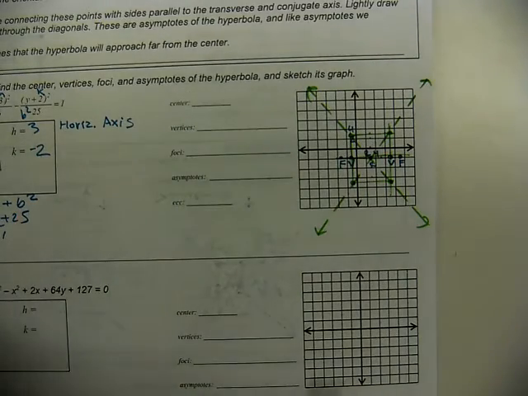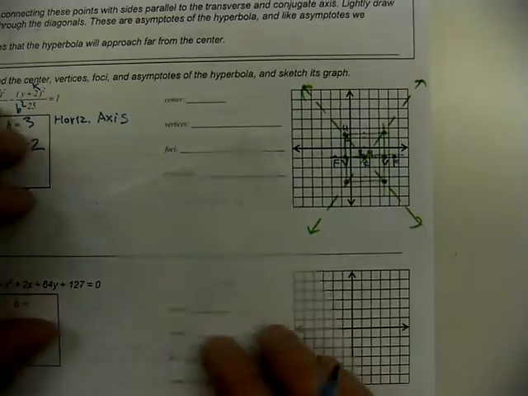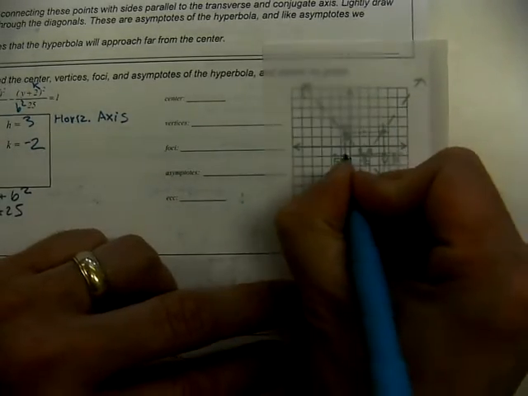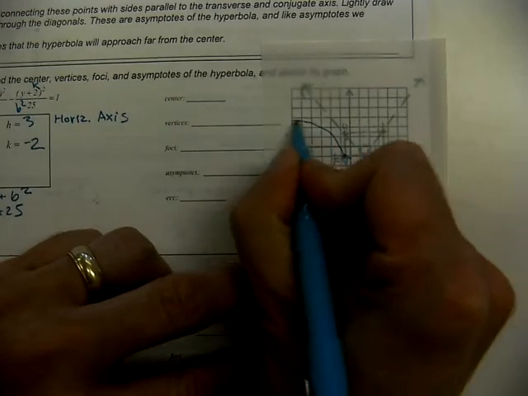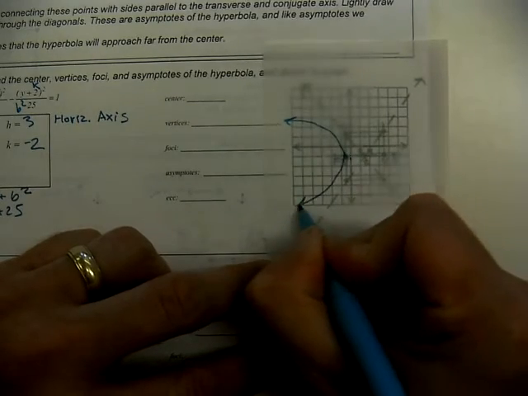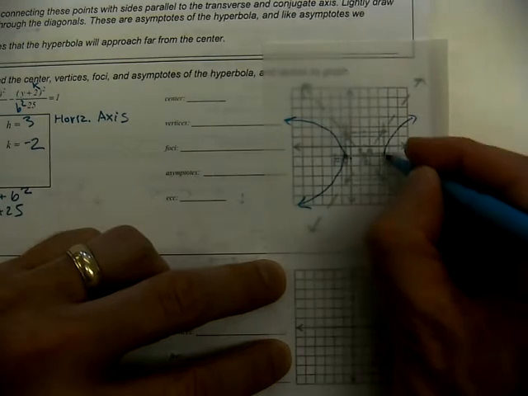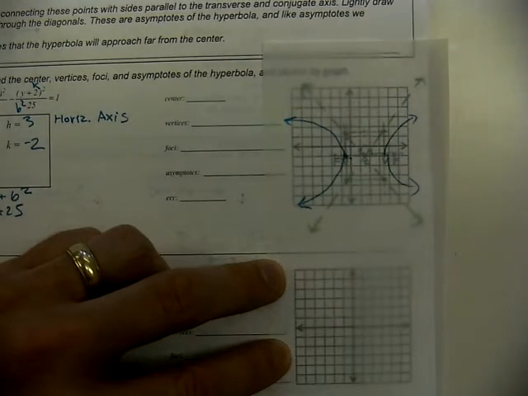Now, when drawing the branches, they will go through the vertex. But don't draw it this way. I'm using tracing paper to show you my mistake here. Through the vertex, I see a lot of times branches drawn like this, as if, hey, there's the direction, we're good to go. Just notice what's wrong here.